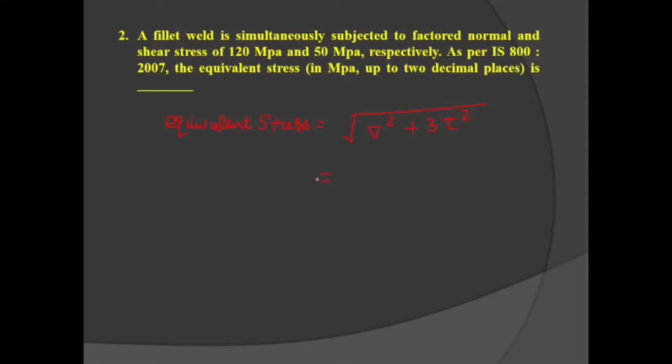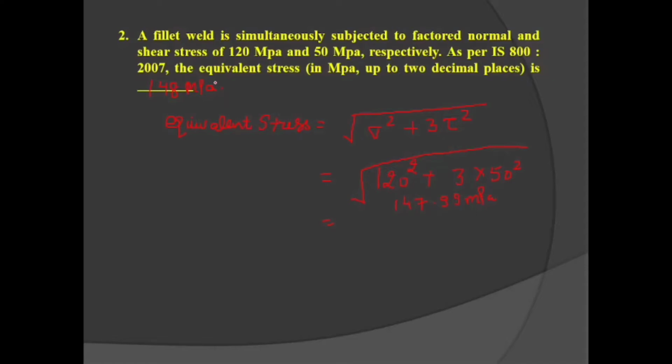Here all the values are given. Normal stress is given as 120 megapascal and the shear stress is given as 50 megapascal. Square root of 120 square plus 3 times 50 square. After solution, I found the value equal to 147.99 megapascal. So you can round off the value to 148 megapascal.